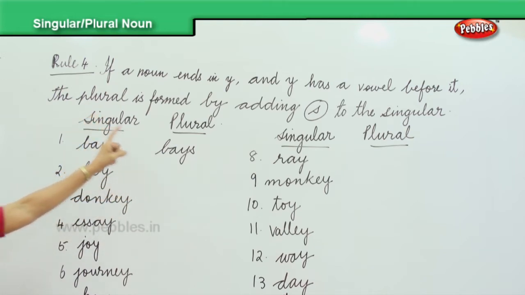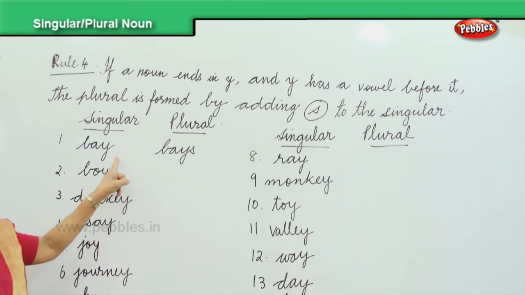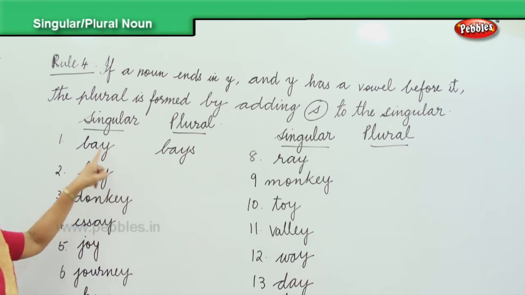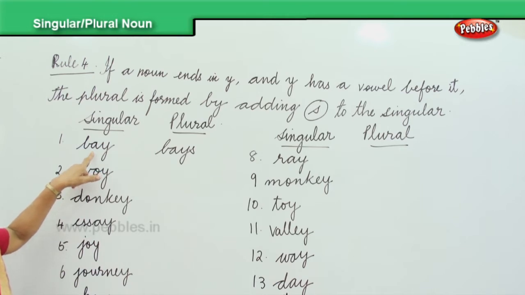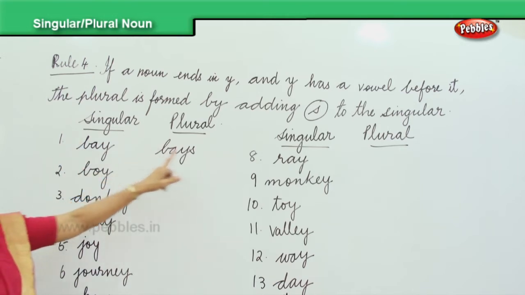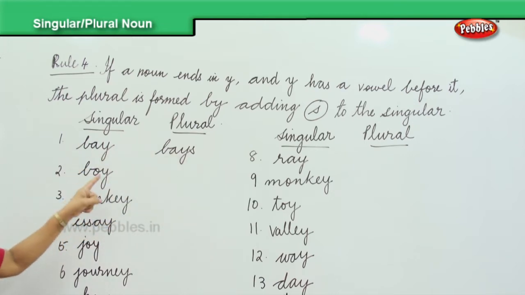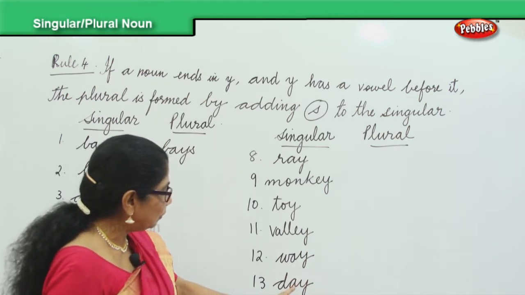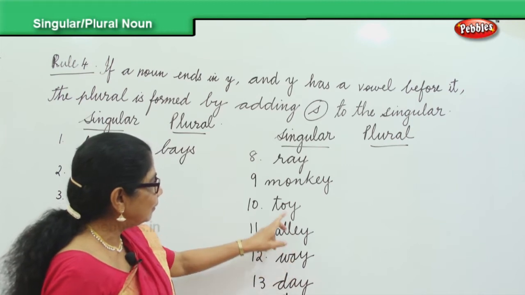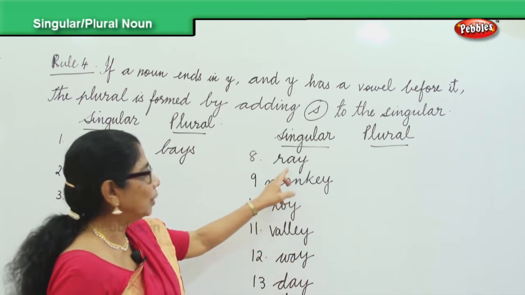The rule says if the noun ends in Y, and there is a vowel before it, then you simply add S to form the plural. Look at all the words. All the nouns have a vowel before the Y. There is a vowel before it.